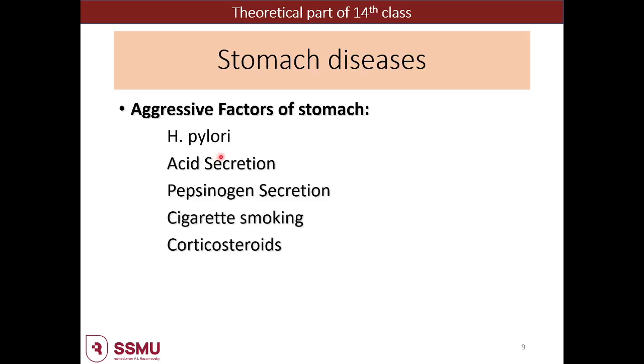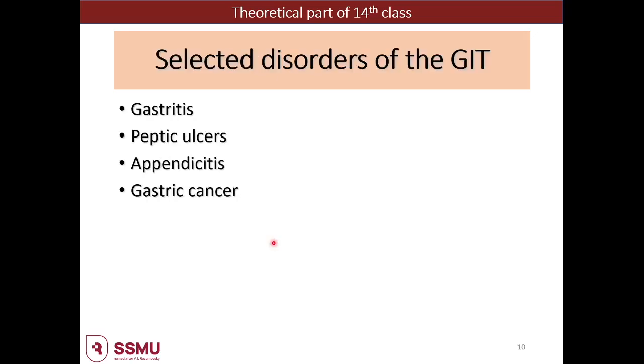Aggressive factors in the stomach may be associated with Helicobacter pylori, and we will discuss this bacterium today, acid secretion or hypersecretion of acid, pepsinogen secretion, and also we should remember about cigarette smoking and the use of corticosteroids and some other types of drugs, which will lead to damage of the mucosal layer and may lead to the formation of complications.